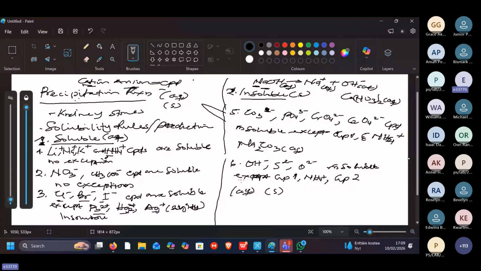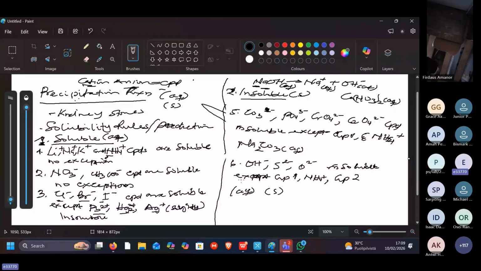We're talking of ionic compounds, and if the cation is coming from group 1 metals and ammonium, then that compound is just going to be aqueous and soluble. There's no exception. If group 1 meets with any anion, it's going to be aqueous.